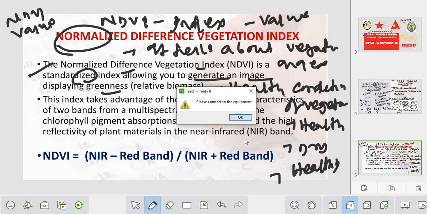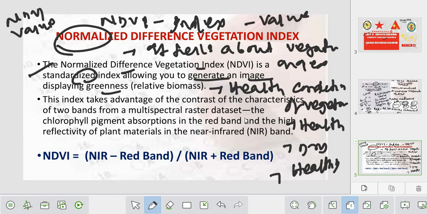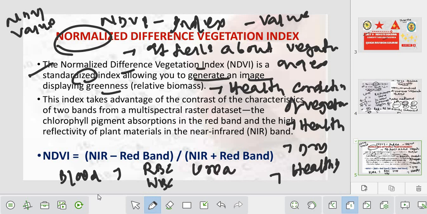Suppose you go to the doctor for a blood checkup. You go to the hospital for checking your blood. Suppose in the blood, like the RBC count, WBC count, or creatinine count. If the creatinine amount is high in the blood, then the doctor prescribes that please reduce your protein content.